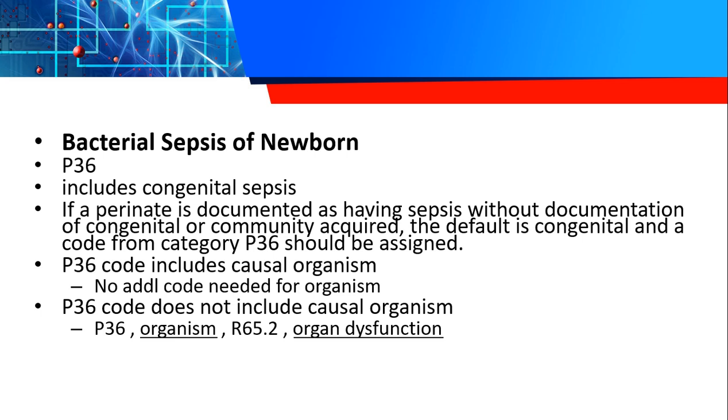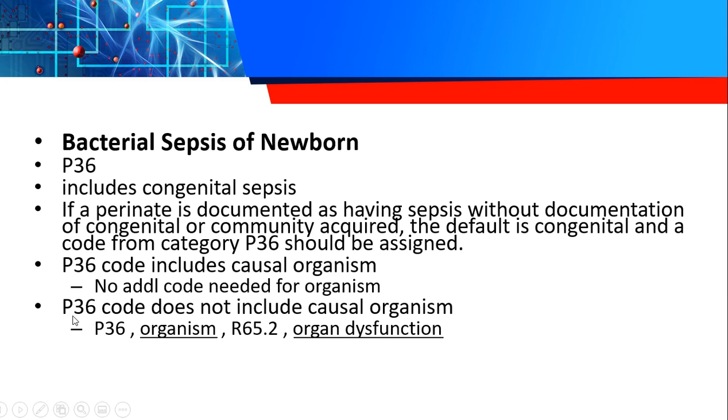Okay. Next one is bacterial sepsis of a newborn. So please keep in mind, please highlight the code there. Your P36. That is your code for bacterial sepsis of a newborn. Again, every time you hear the word sepsis of a newborn, you always need to code for the organism if it's present. Now, if there's no organism yet, P36 only is your code, if there's no additional causal organism yet being identified.